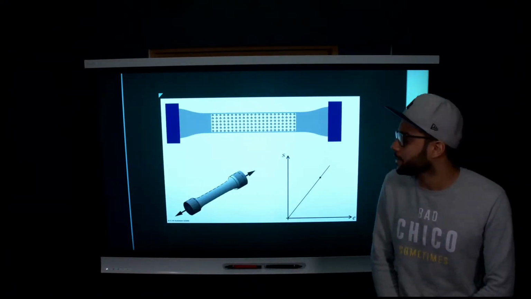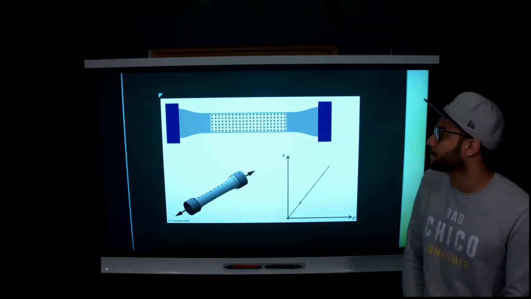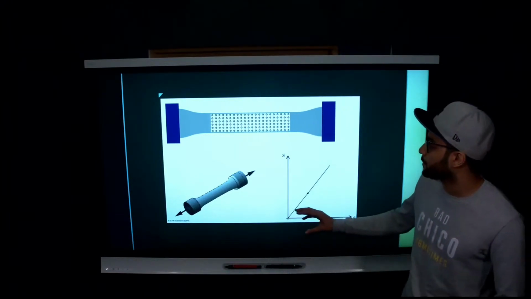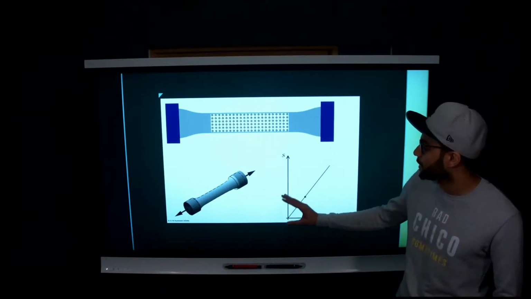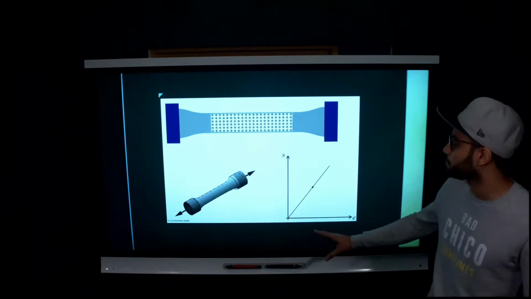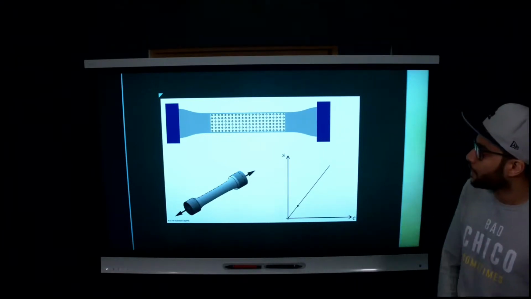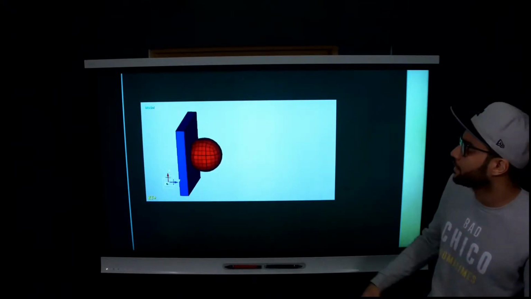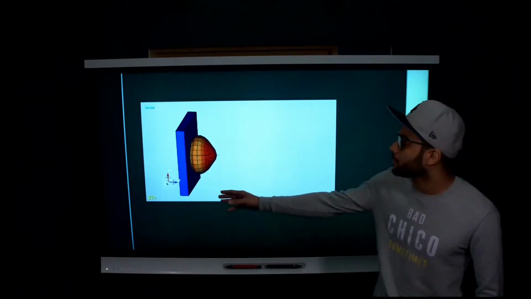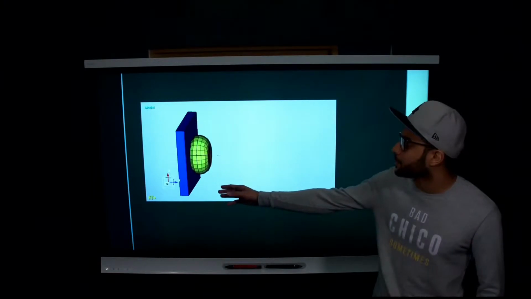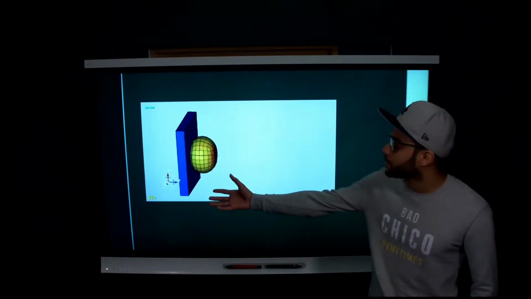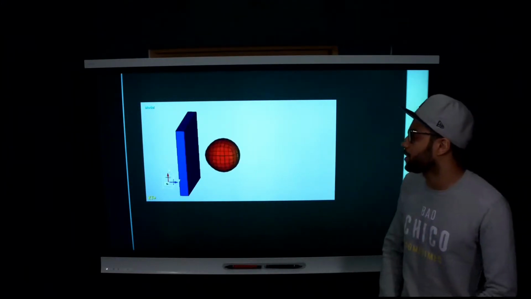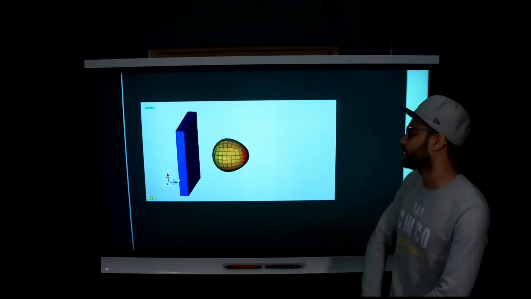So we have an example of elastic deformation. You see the shape when it's elastic, and that's the graph of it, which should be linear. In the other image, a ball is hitting the wall, and then it just returns back to its original shape.